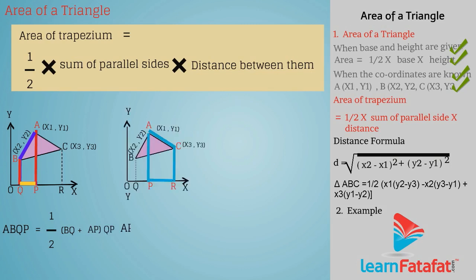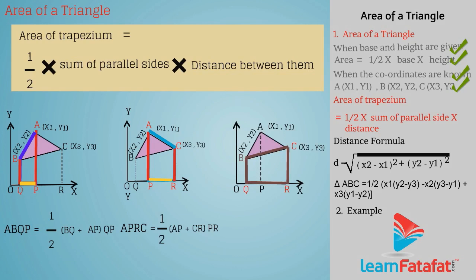Area of trapezium APRC is equal to 1 by 2 into (AP plus CR) into PR. Area of trapezium BQRC is equal to 1 by 2 into (BQ plus CR) into QR.